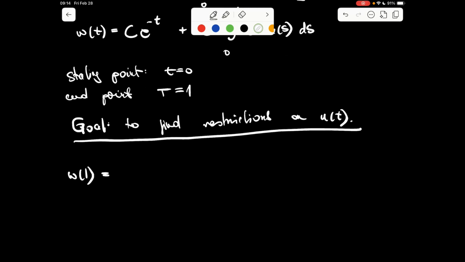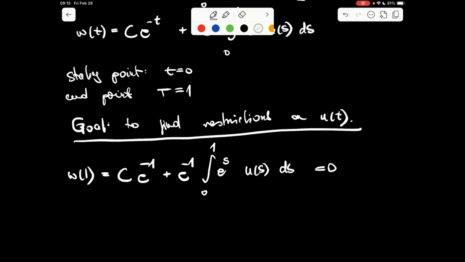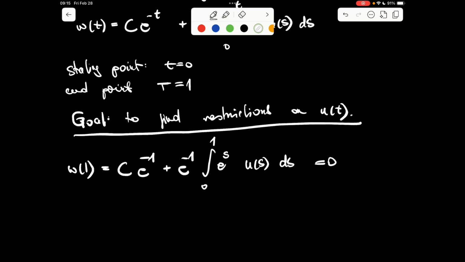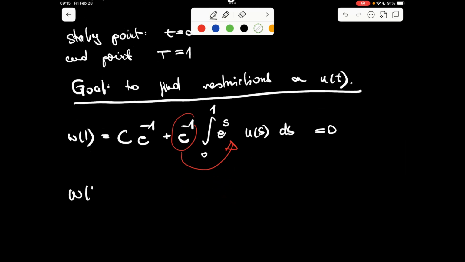So let's use the general solution at time 1. The upper bound is 1, e to the s times u(s) ds. This is 0, because finally we are in a state of rest, and we can put this term behind the integral sign with no problem. So we will have this equation.